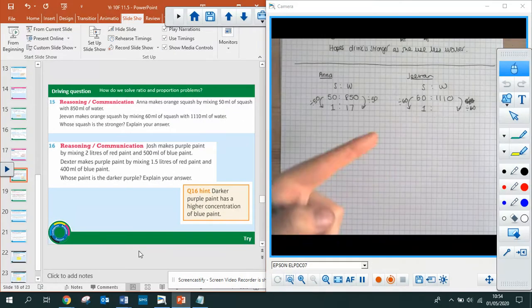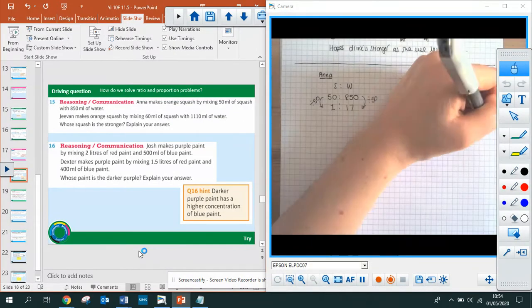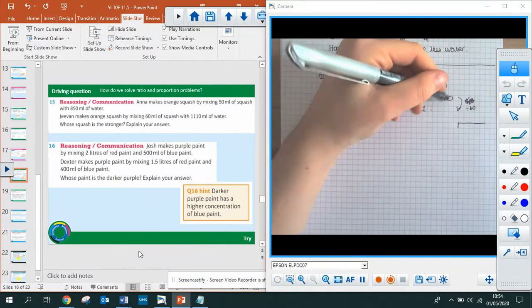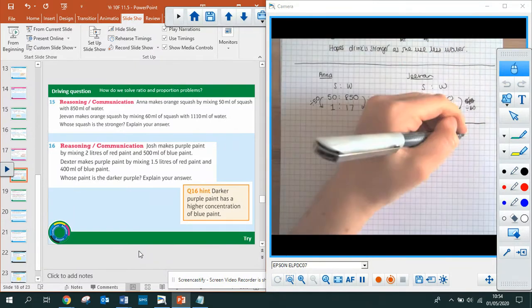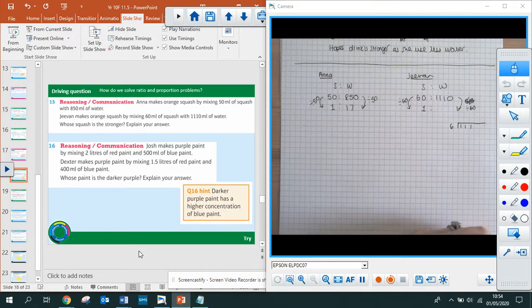Okay, so it doesn't go exactly. So I'm going to have to use the bus stop method. I'm going to divide them both by 10. So I'm actually just doing 111 divided by 6 here. Okay, because it's going to give me the same answer, but it's easier to work with.